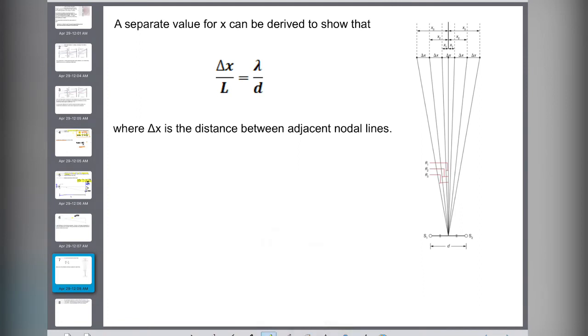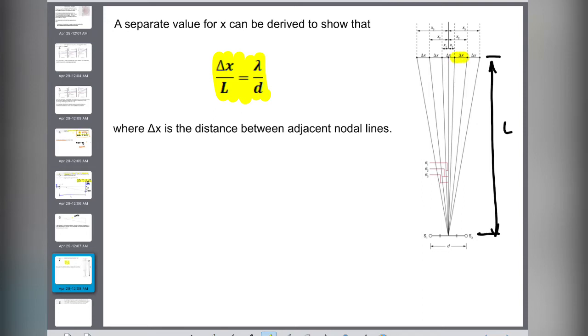And this is another relationship that they found: delta x over L equals lambda over d. L is still the distance from here to here. They found that between dark spaces, and I need you to know what delta x is.